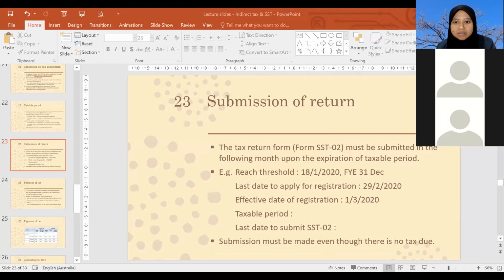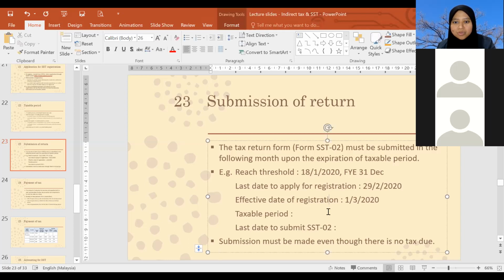Others? Because the effective date of registration is 1st of March, so the first taxable period should start at 1st of March. You cannot have your taxable period before your registration.